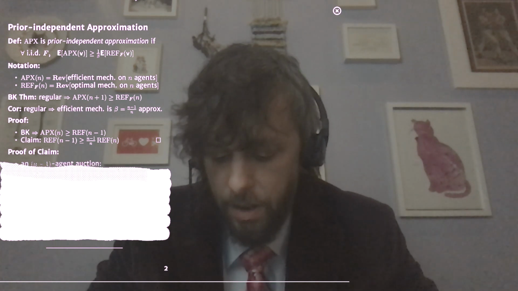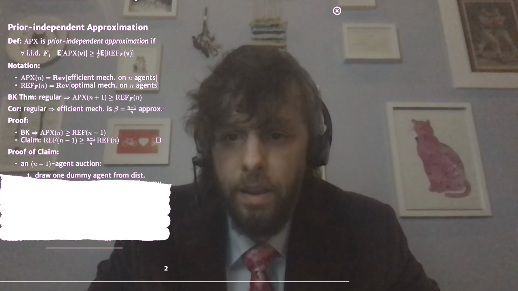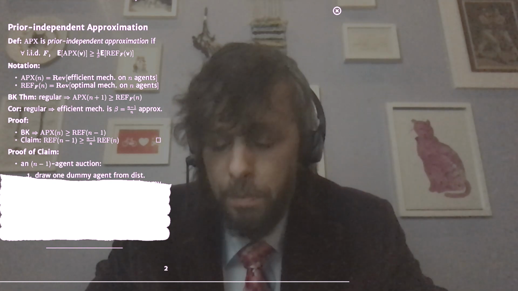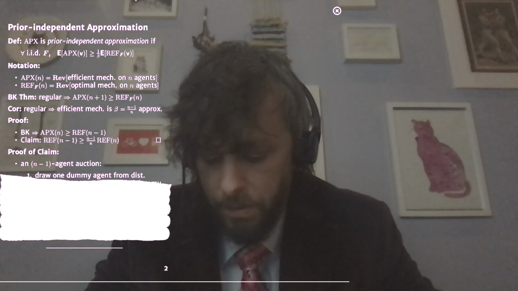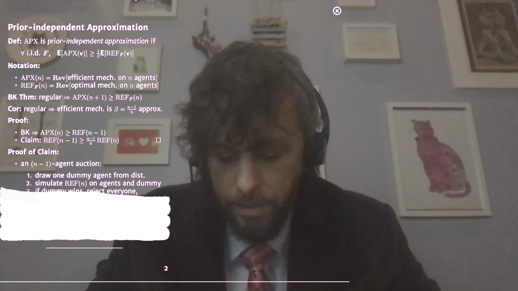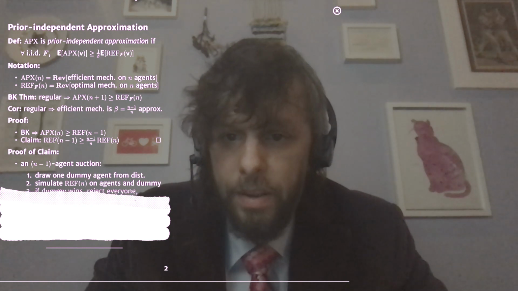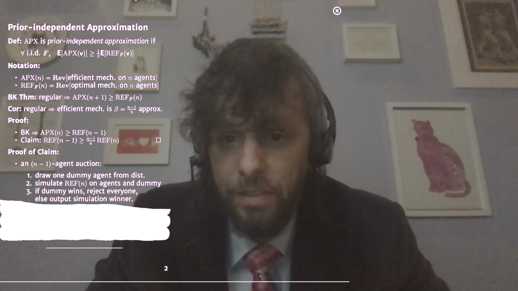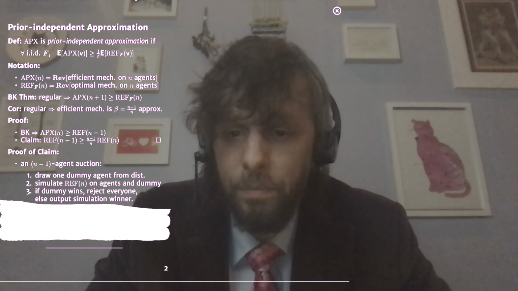So we're going to be looking at a particular n minus 1 agent auction. We're going to draw one dummy agent from the distribution. We are going to simulate the optimal mechanism with n agents on the n minus 1 real agents and this one dummy agent.